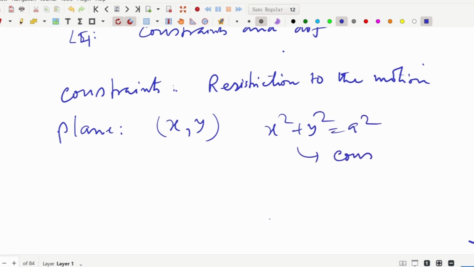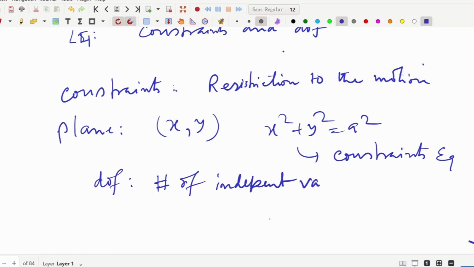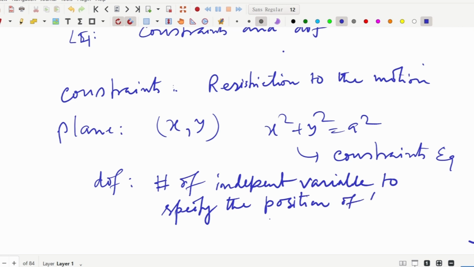This is a constraint equation, and this will reduce the degrees of freedom, as we defined in the last class, that it is the number of independent variables to specify the position of the system at a particular time.